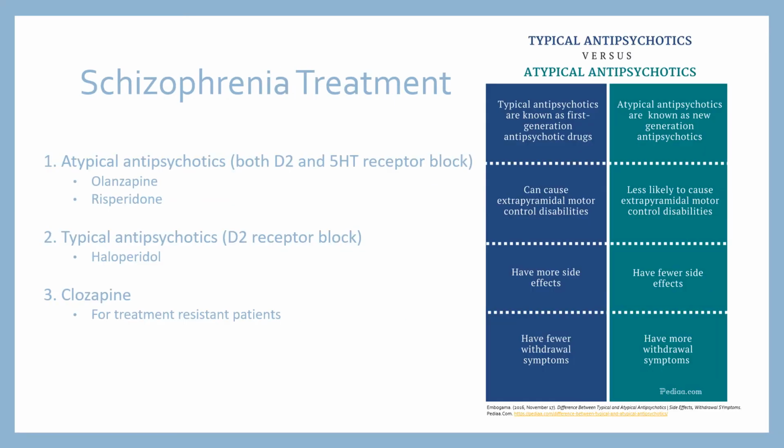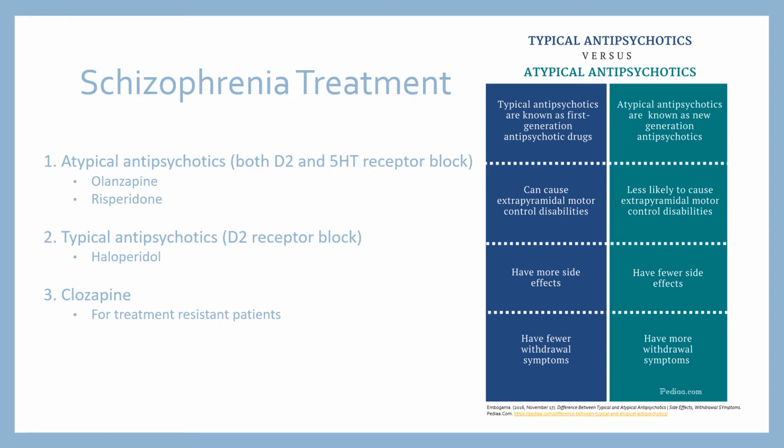So the pharmacological treatment for schizophrenia is antipsychotics. There are two types of antipsychotics, typical and atypical. Atypical antipsychotics like olanzapine and risperidone block dopamine D2 receptors as well as 5-HT, or serotonin, receptors.